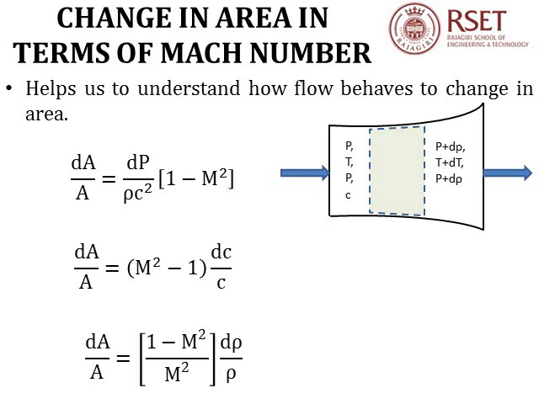Using these three equations, we can understand how a compressible flow gets affected when there is a change in area, and how the properties like pressure, fluid velocity, and density vary as the flow passes through the variable area duct.